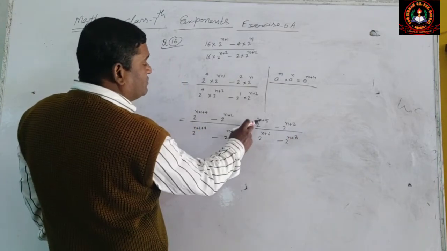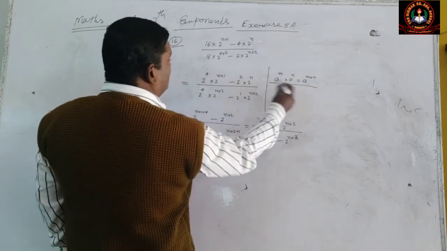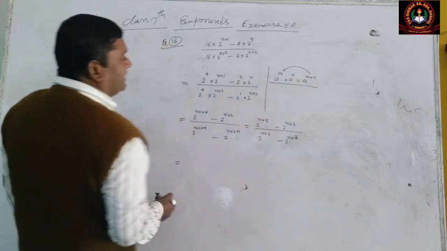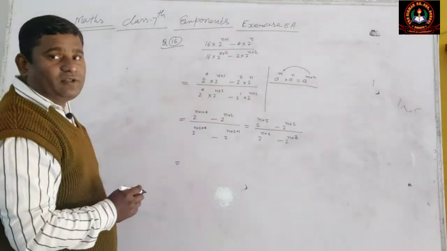Now here we use the reverse of this formula: a to the power m plus n, we will break into a to the power m into a to the power n.